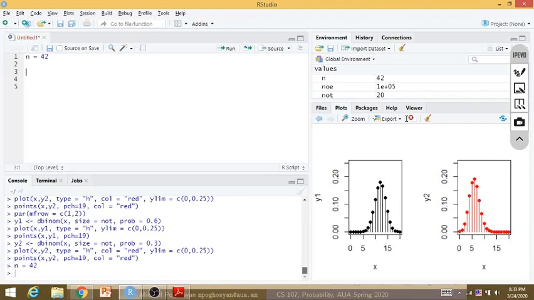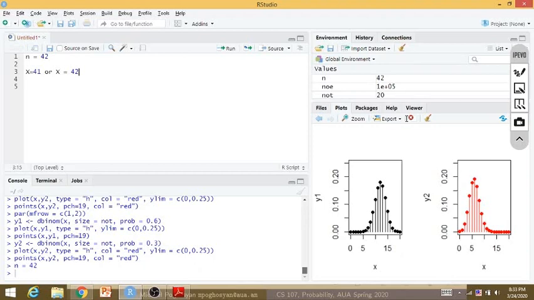What I want to do is calculate the probability that X is larger than 40. So X larger than 40 means I need to add the probability that X is equal to 41 or X is equal to 42.